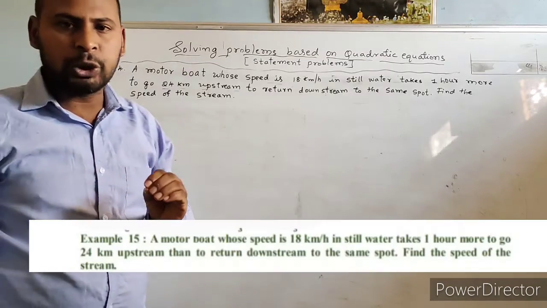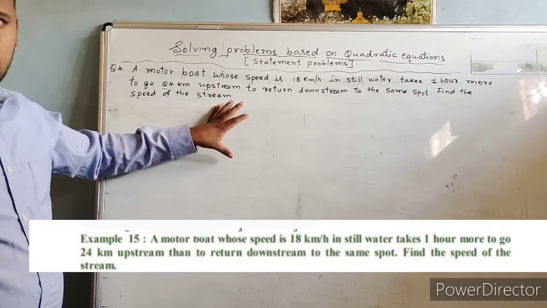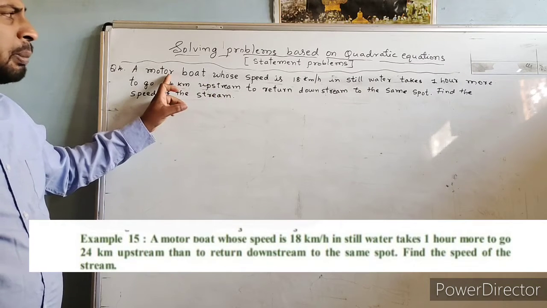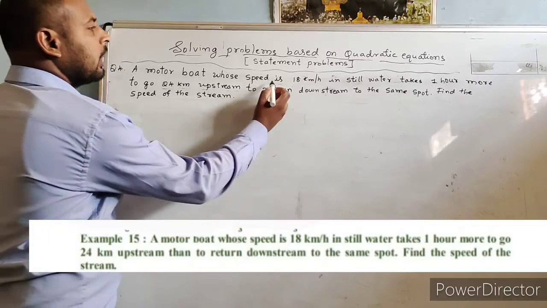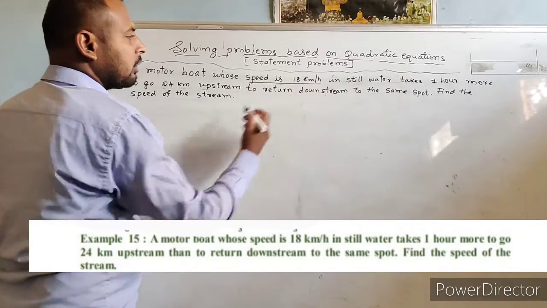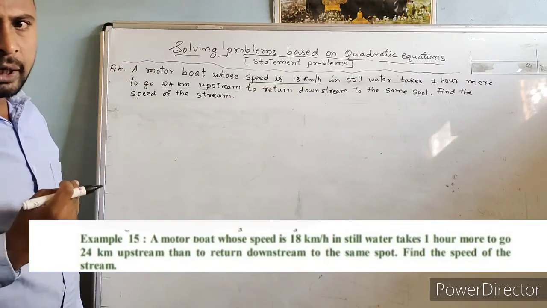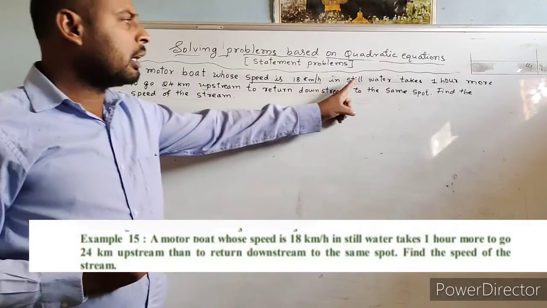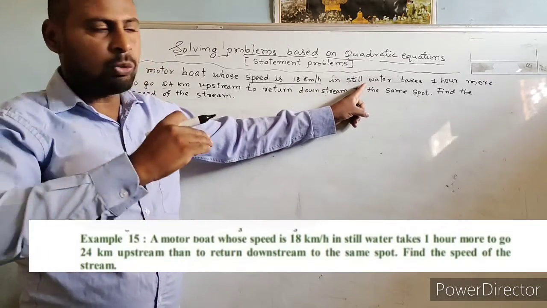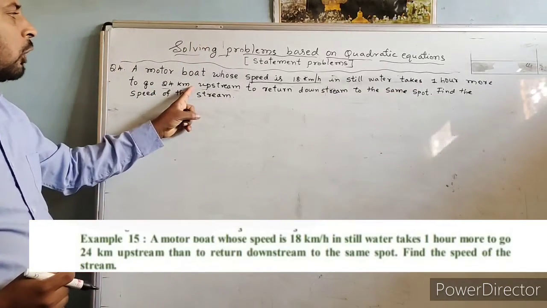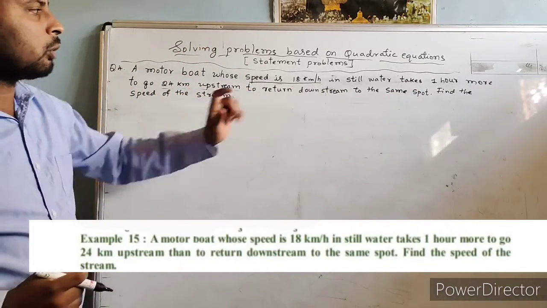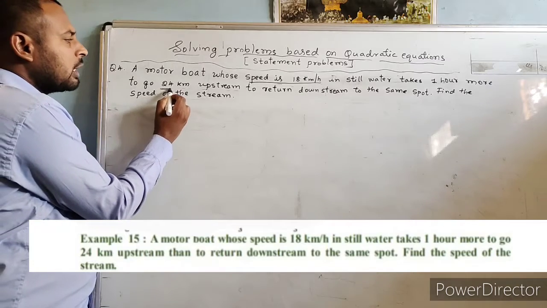Now it is a given question. Here the speed of the motorboat is given. The speed of the motorboat will be 18 km per hour in still water. It takes 1 hour more to go 24 km upstream than to return downstream.